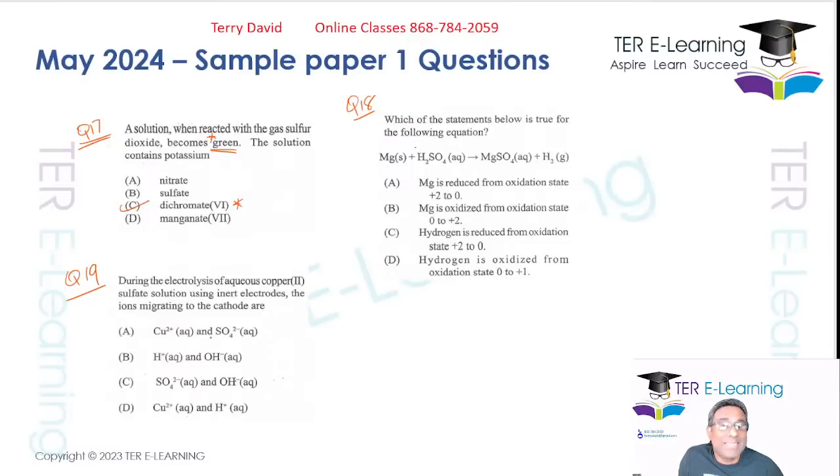What about question 18? Which of the following statements is true for the following equation?